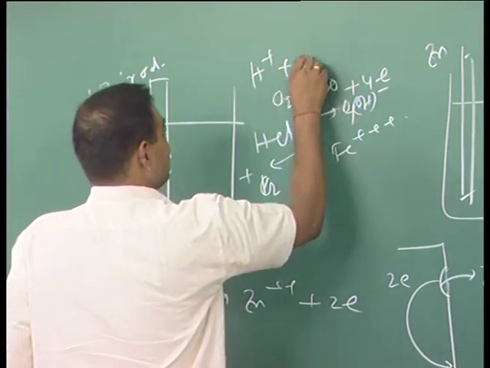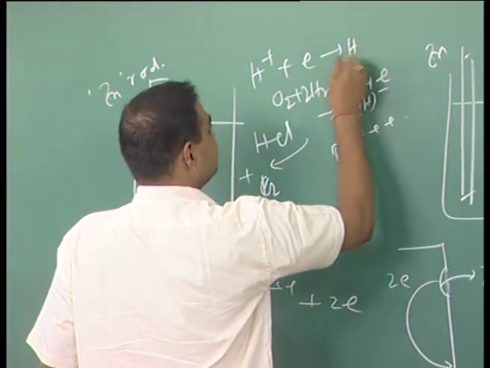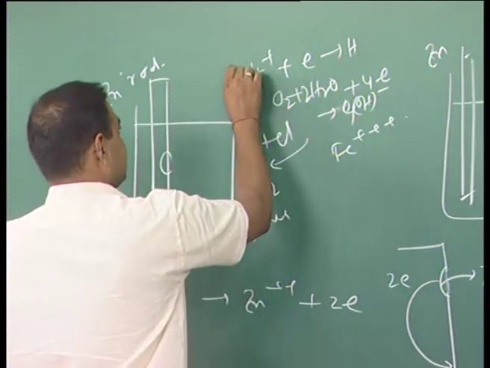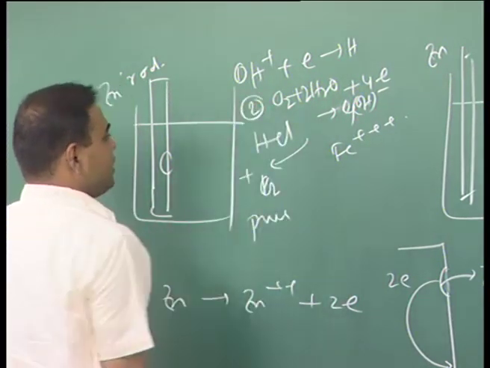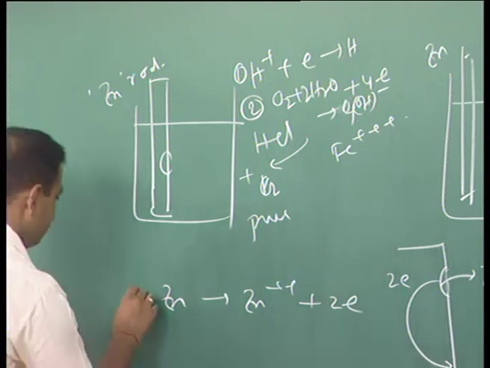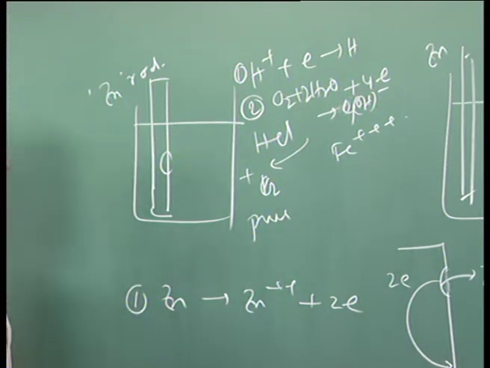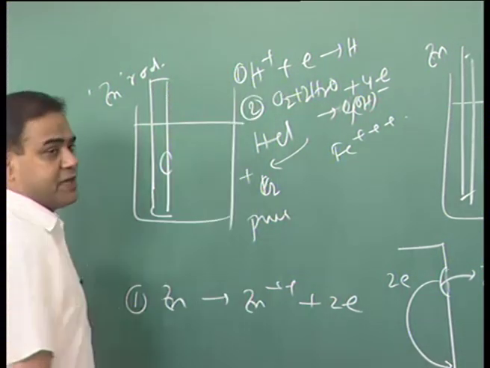So, this is one cathodic reaction, this is another cathodic reaction, that means this is 1, this is 2, and what is the anodic reaction here? This is only one anodic reaction. So, one anodic reaction, 2 cathodic reactions.